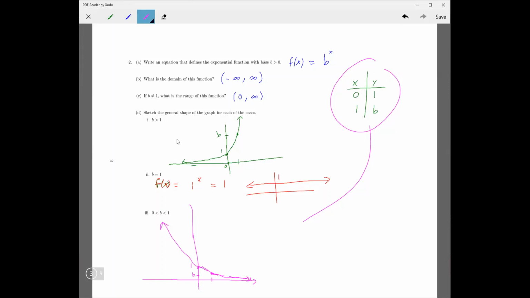Okay. Why does it change, I mean, like, why does it reflect? If it's less than 1 but greater than 0, wouldn't it still be a part of... I don't know, if b is greater than 1, 0 would be 1 and 1 would be b, wouldn't that same point still be there?